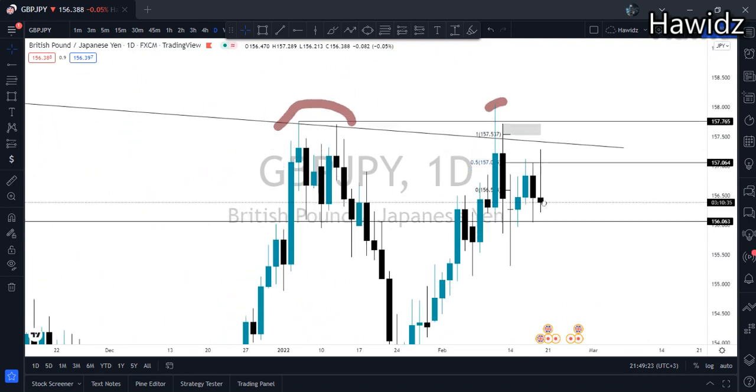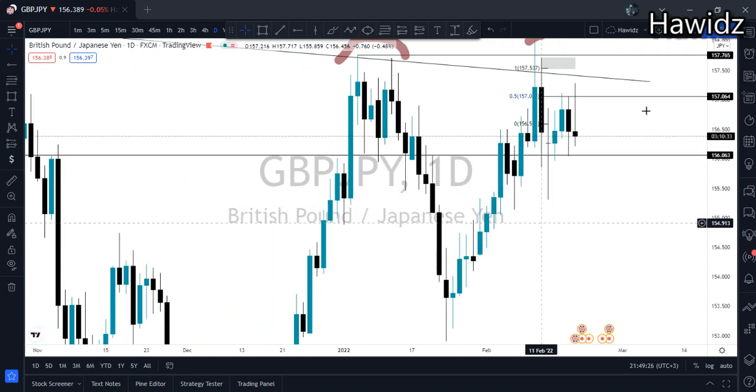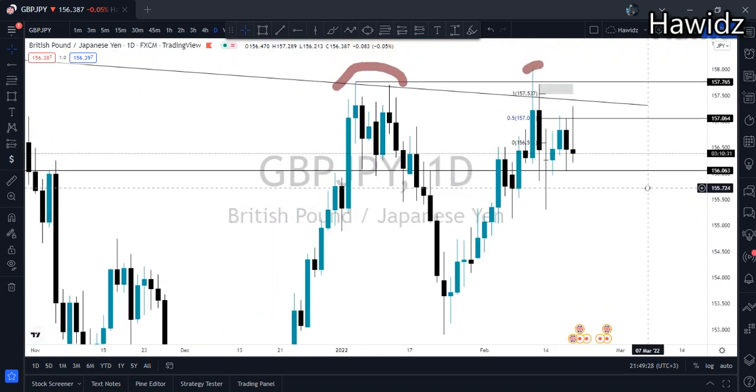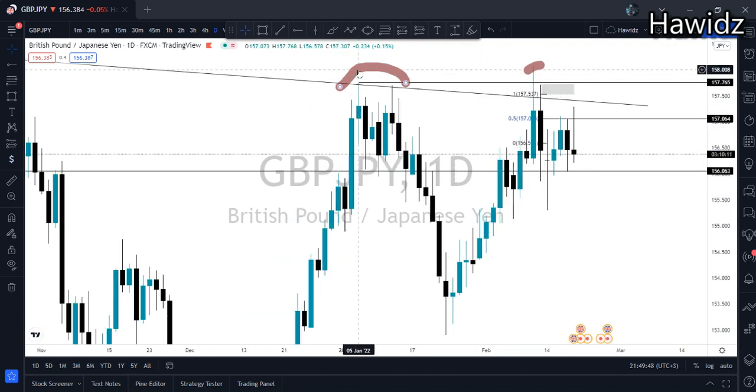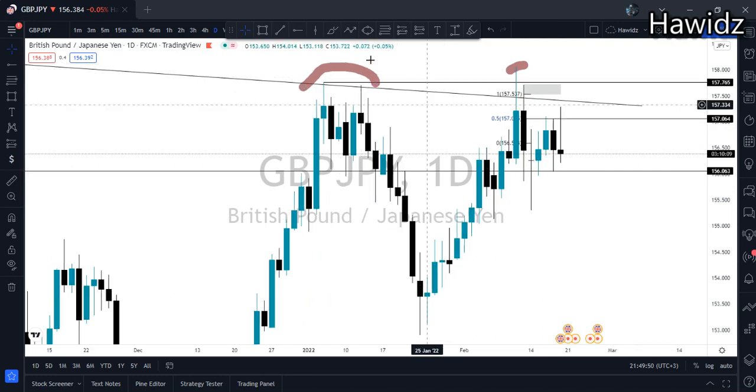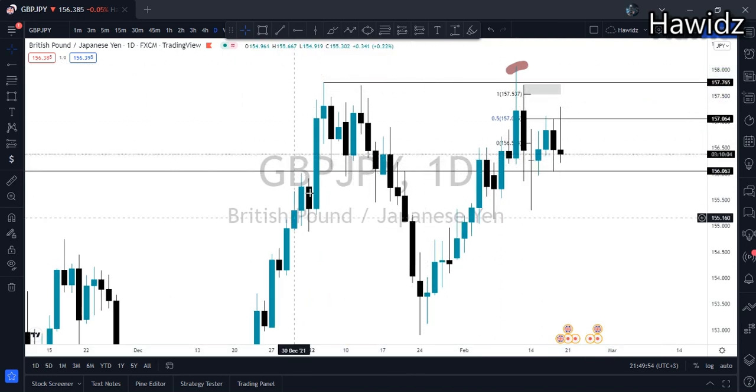As you can see now, price comes up, and price came up and created this trendline liquidity with these equal highs right here, and then ran all that liquidity, ran these equal highs, and ran the liquidity sitting above these swing highs.